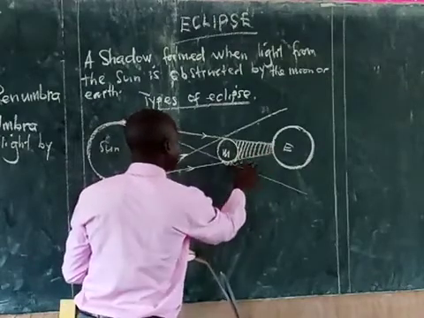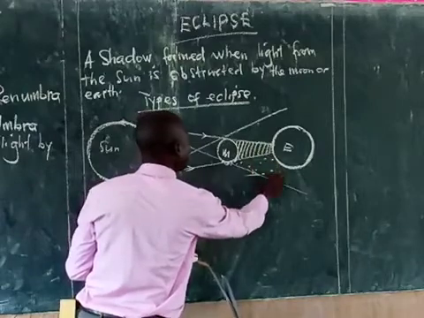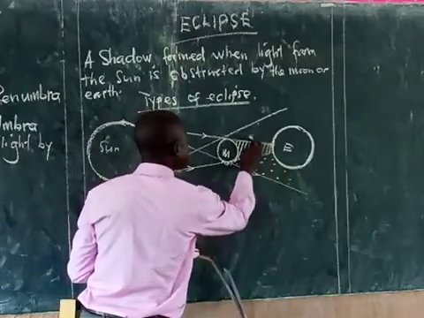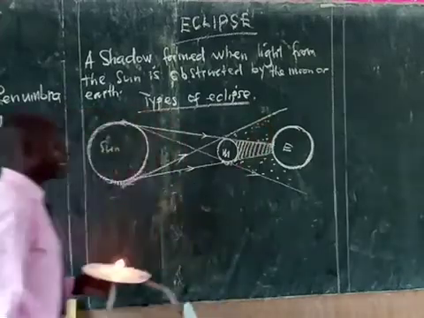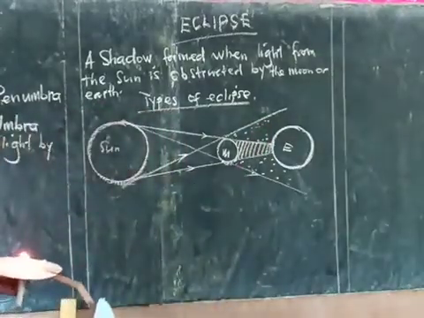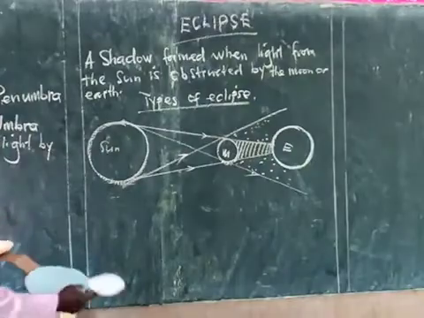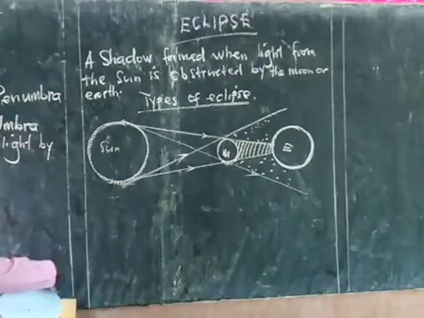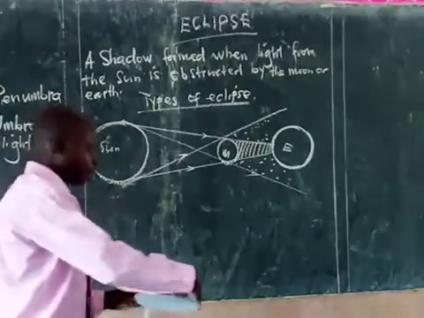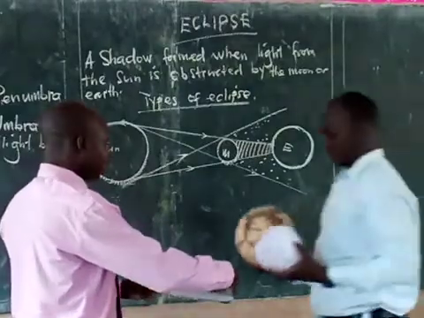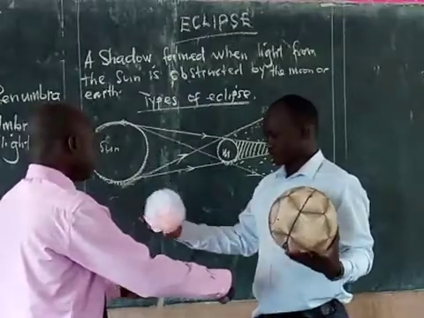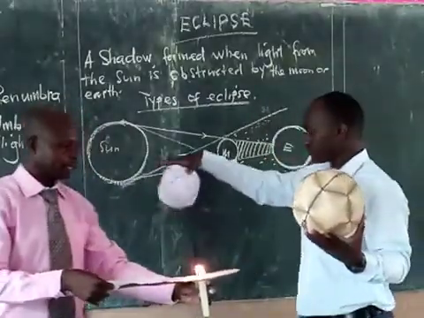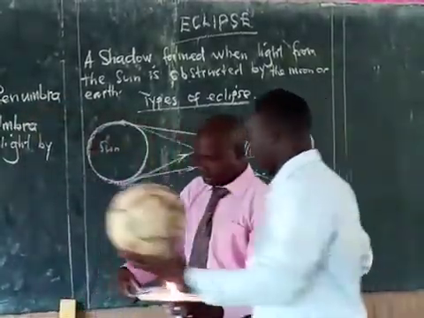Now the sides here will experience what we call partial darkness. That part will be partially dark. And if I may use a ball, somebody can help me there.